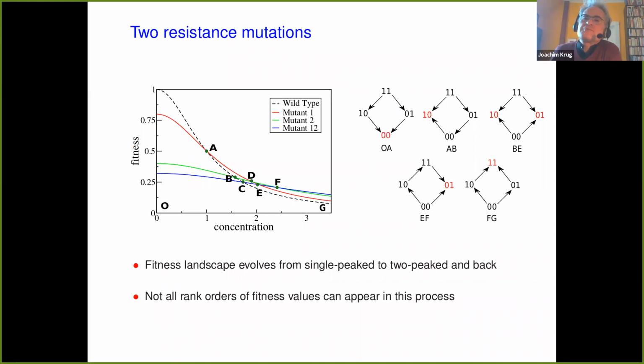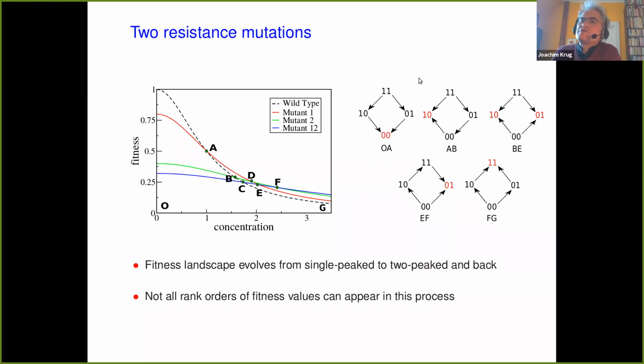And just to explain this in a simple case, if we only have two resistance mutations, and here we have, let's say, this is the wild type dose response curve. This is one single mutant, this is another single mutant, and this is the double mutant. Then you see that you will have these crossing points, and at each crossing point, the fitness rank between the corresponding mutants will change.